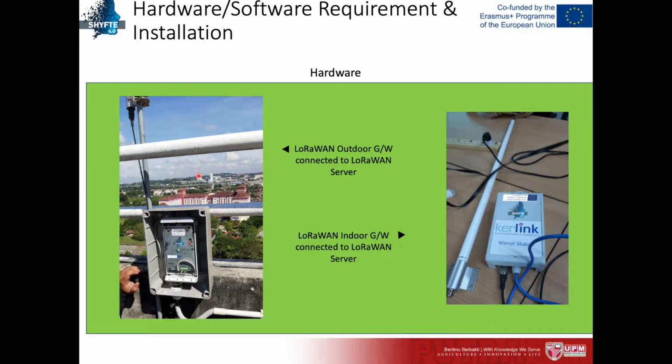They regulate what kind of EIRP, or maximum effective isotropic radiated power, is permissible for LoRa deployment. If I'm not mistaken, in Malaysia the maximum ERP is around 10 dBm something. You need to check for your own country.